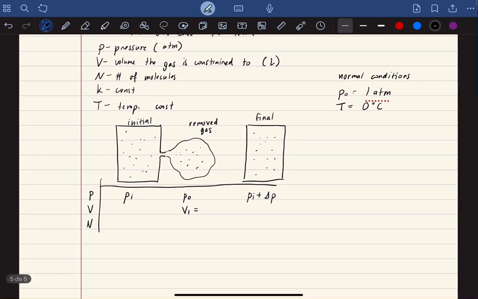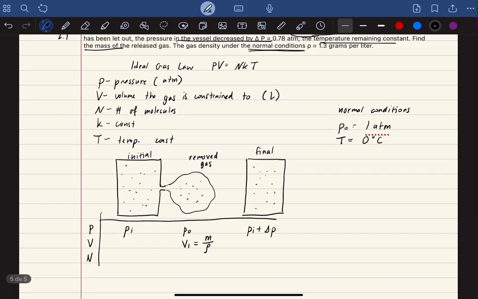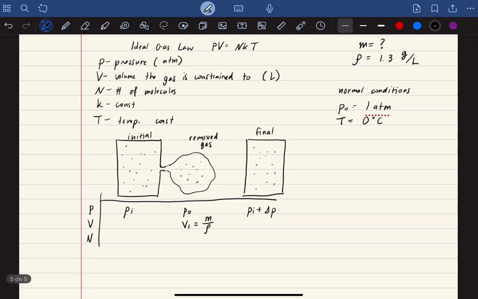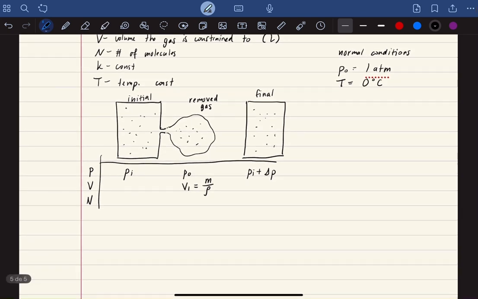So we can say that volume is m over rho. M is what we're trying to find, and rho was given. The number of molecules in this bag of removed gas, let's call that delta N, because it's different from the initial number of molecules, N initial.